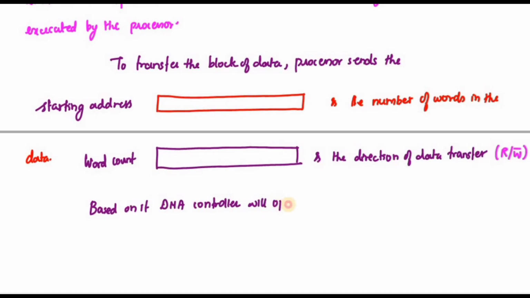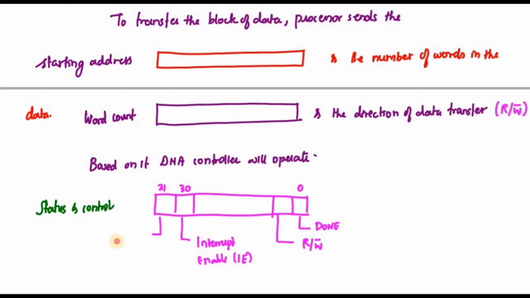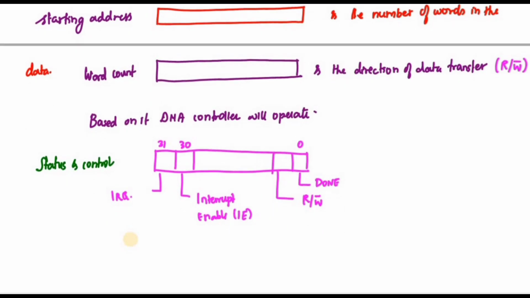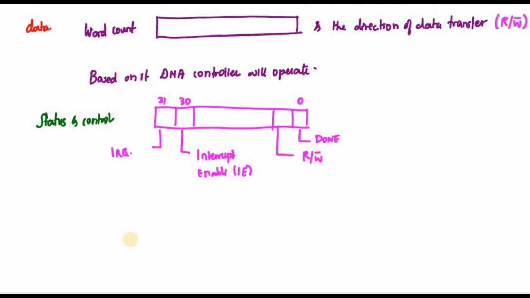So it will be a read/write signal. Whenever the read signal is on, the input interface will read the data from the memory. If I want to write, it is in the opposite direction. Based on this, the DMA controller will operate.